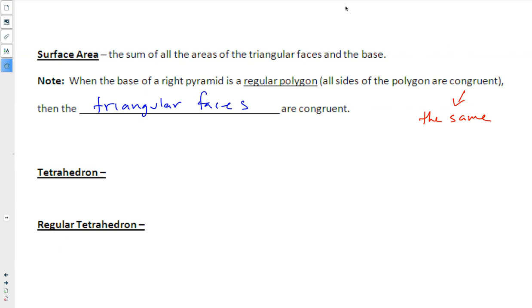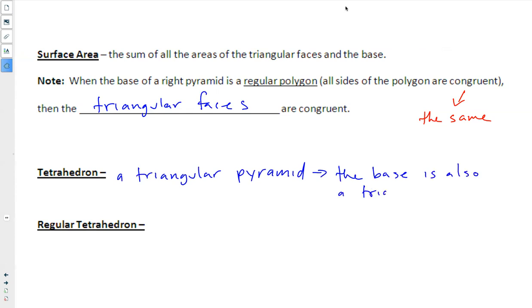Okay, so a tetrahedron, this is a 3D shape. This is a triangular pyramid, so the base is also a triangle. Think of a 4-sided die here.